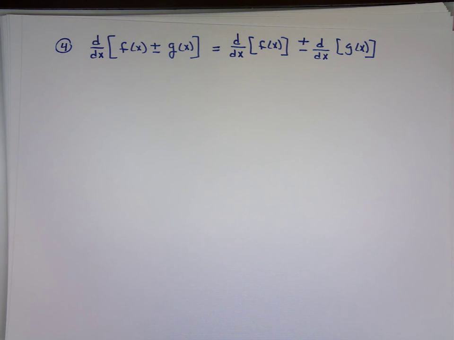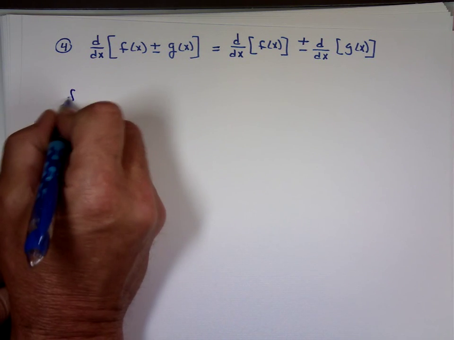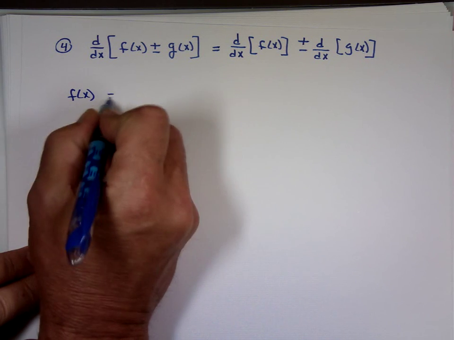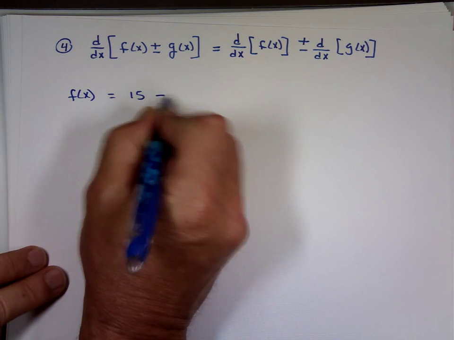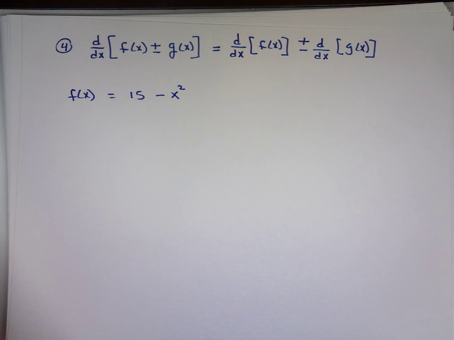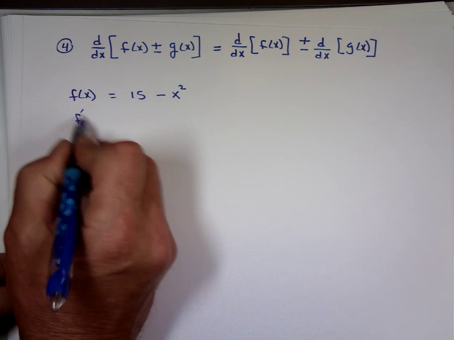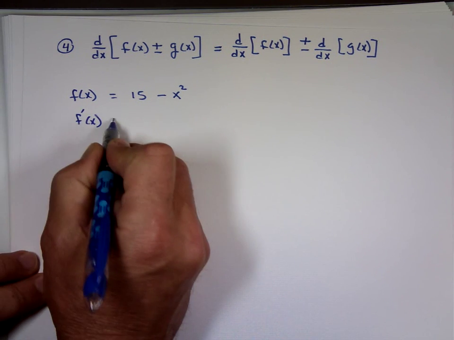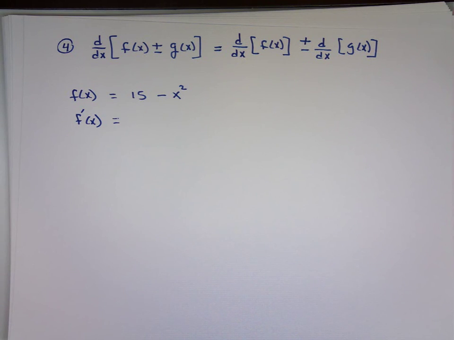One of the questions we just did was f of x equals what? 15 minus x squared. Remember that one? That didn't take that much actual space in your notebook. But if we use the shortcut to that, as the derivative. What is the derivative of 15? 0. Derivative of any constant is 0.